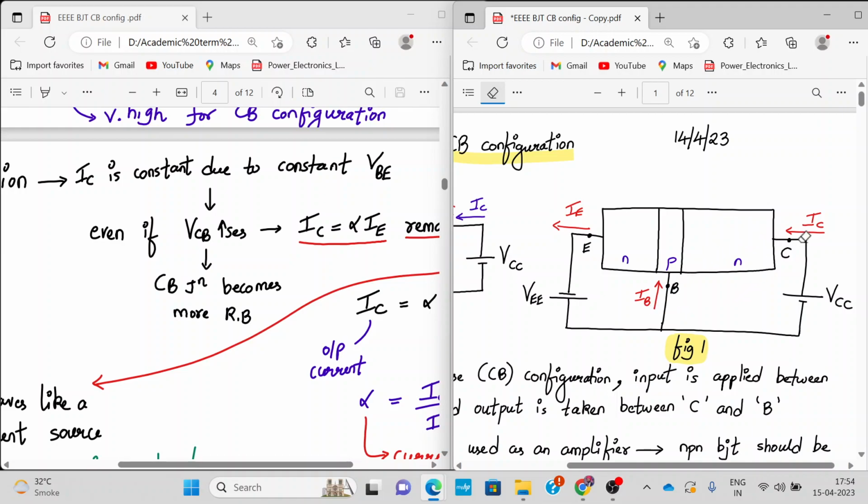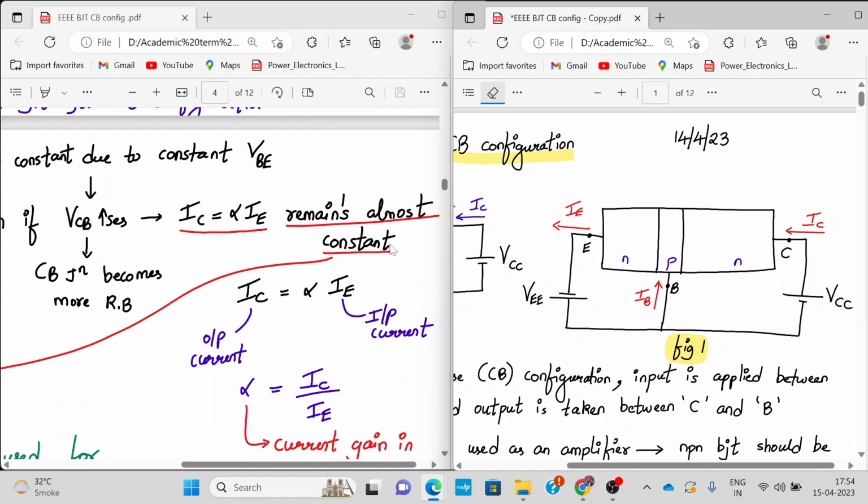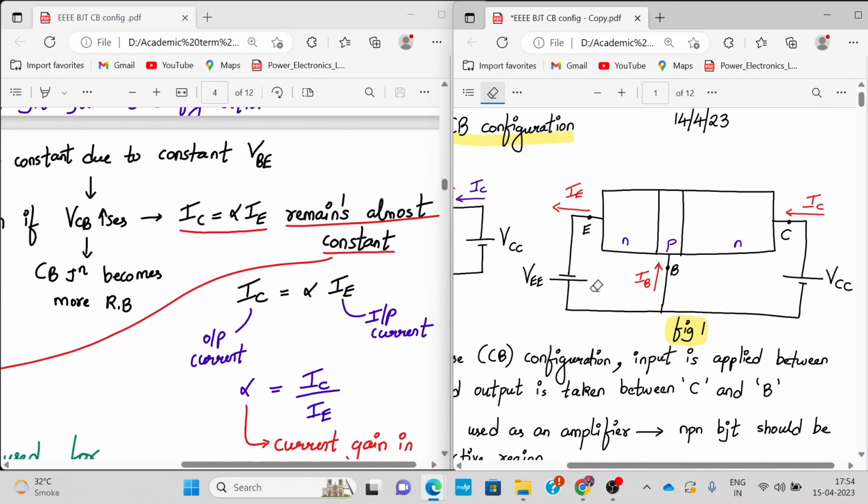Now if we go on increasing the value of VBC, there won't be much change in the value of the emitter current, and the collector current will almost remain the same. And why is that? Because the collector current and emitter current are related by IC equals alpha times IE, and alpha is almost equal to 1.